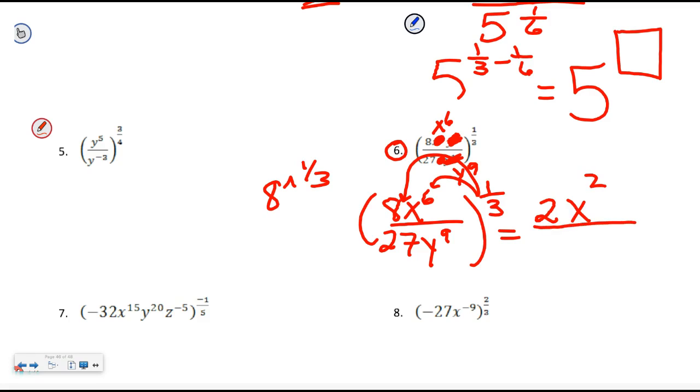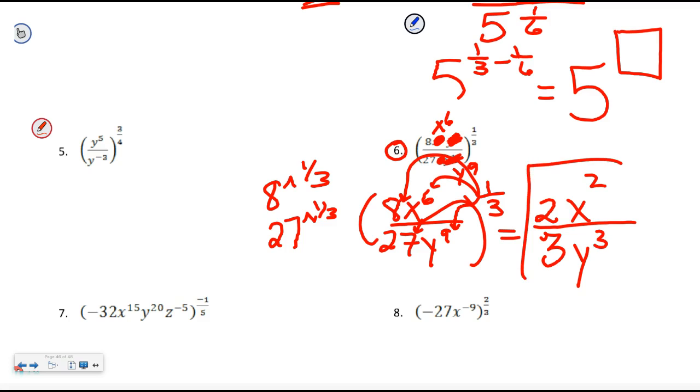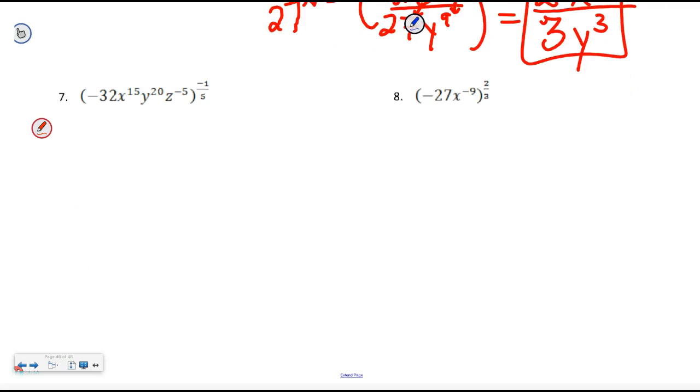On the bottom, we do 27 to the 1/3 power, which is the cubed root of 27, or do it on your calculator, but that's a nice 3. And again, if you do it on your calculator, you do 27, caret key, 1 divided by 3. And then y to the 9th to the 3rd, we multiply those exponents. 9 times 1/3 is 3, so we'd have y cubed. We'd lock and load it, and we'd be done with that one as well.